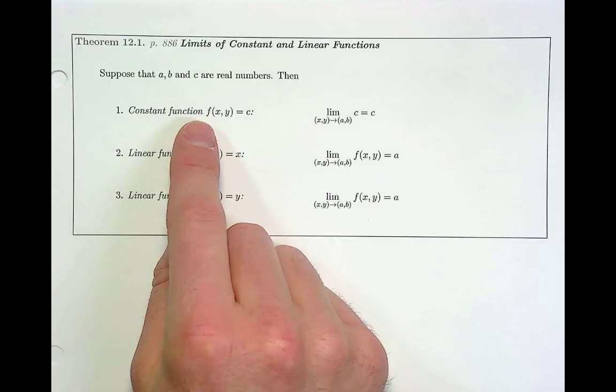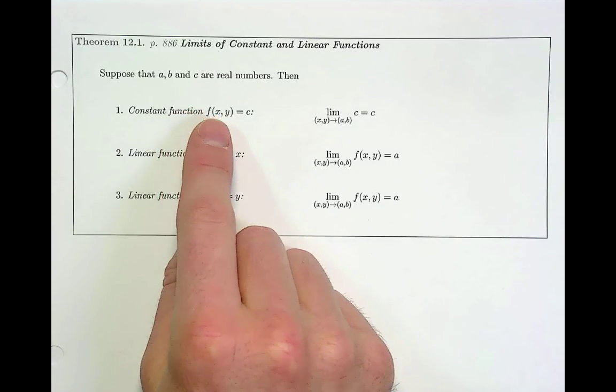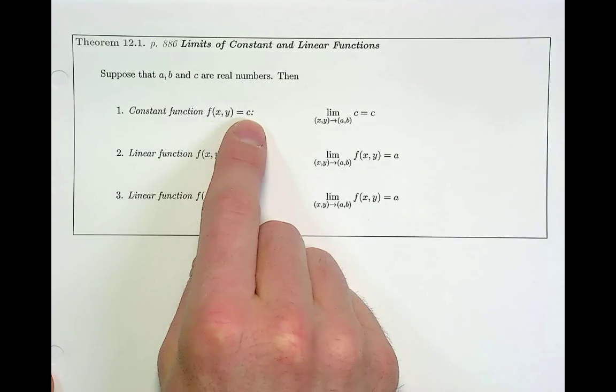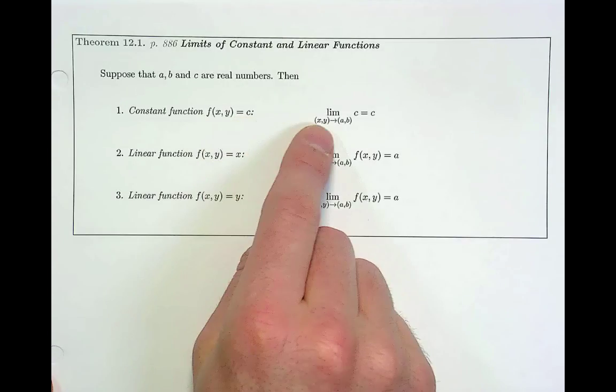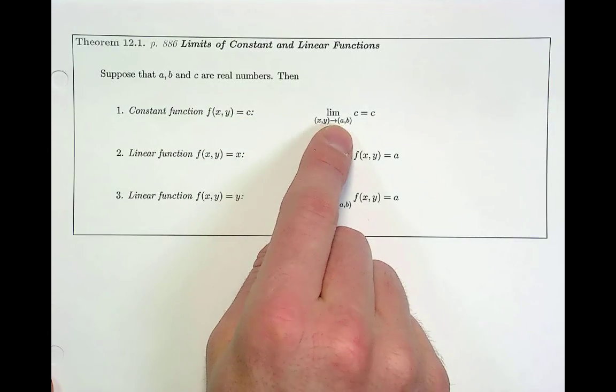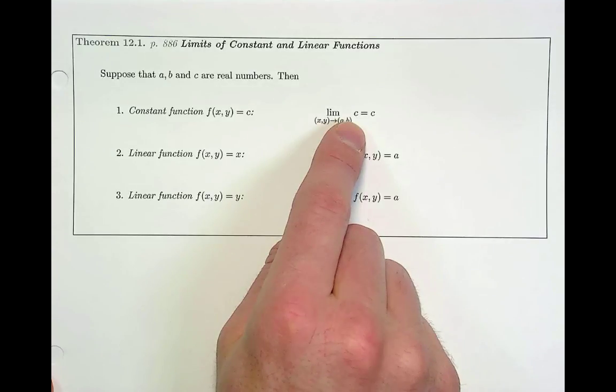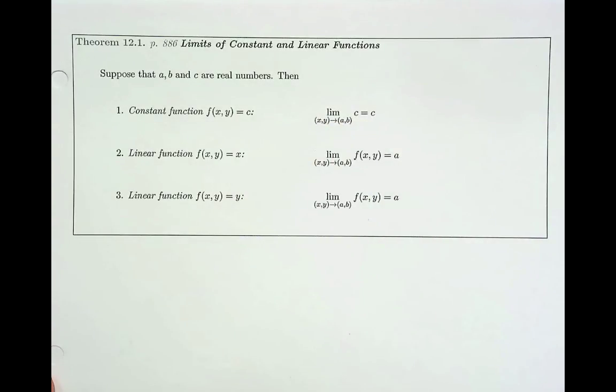So here, when you're looking at the limit of particular special functions, if you have a constant function that has a constant output, this would be a plane at height c. We say that the limit as (x, y) approaches (a, b) of the constant function c is equal to c.